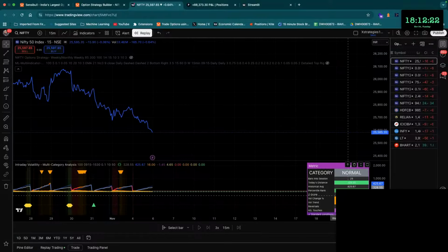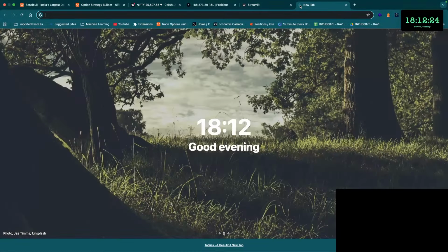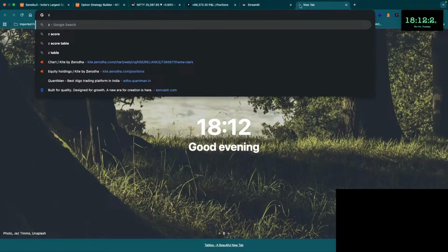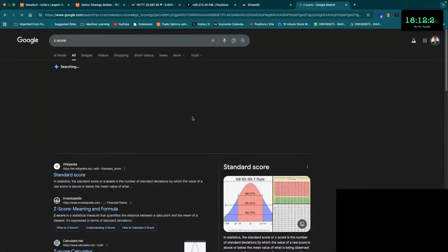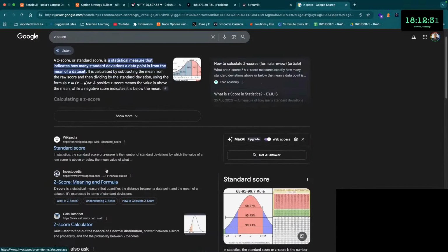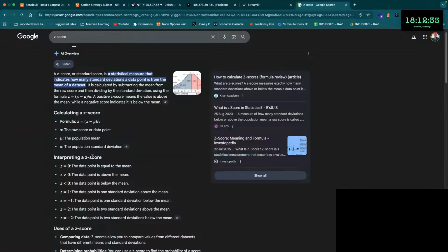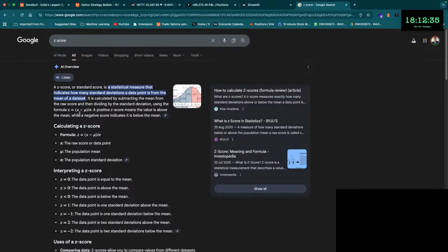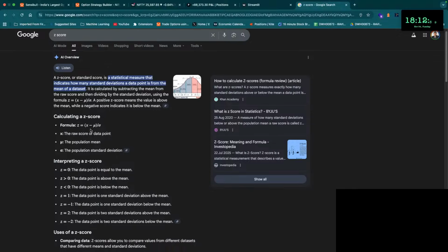Z-score is a statistical score. If you're very interested, you can look up the z-score and find out. You will see some calculation where x is the value, this is the mean, and this is the standard deviation.